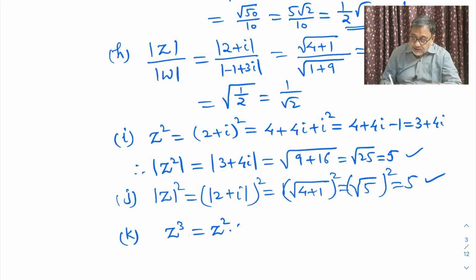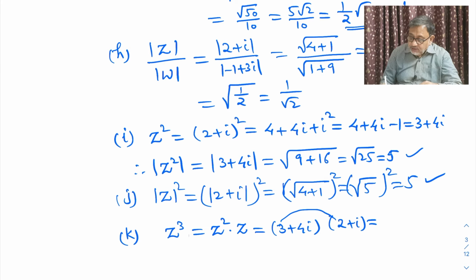So z cube can be z square into z. Z square we have already found in part i. Look here, z square, which is 3 plus 4i. So I will write 3 plus 4i into z, which will be 2 plus i.